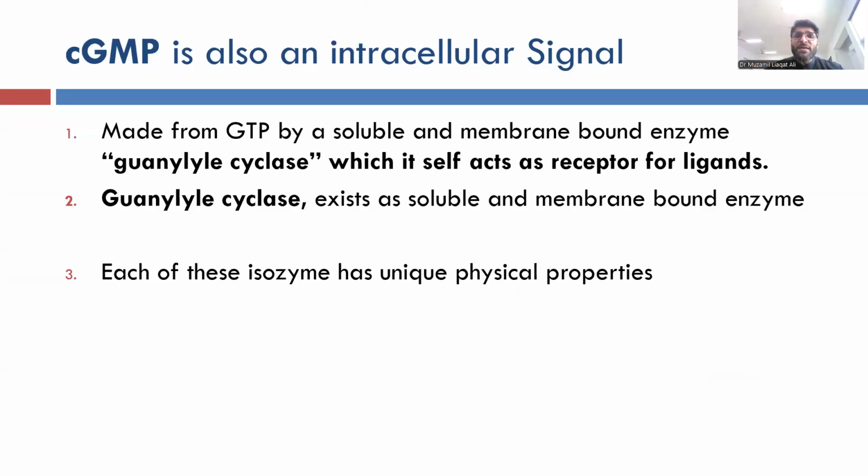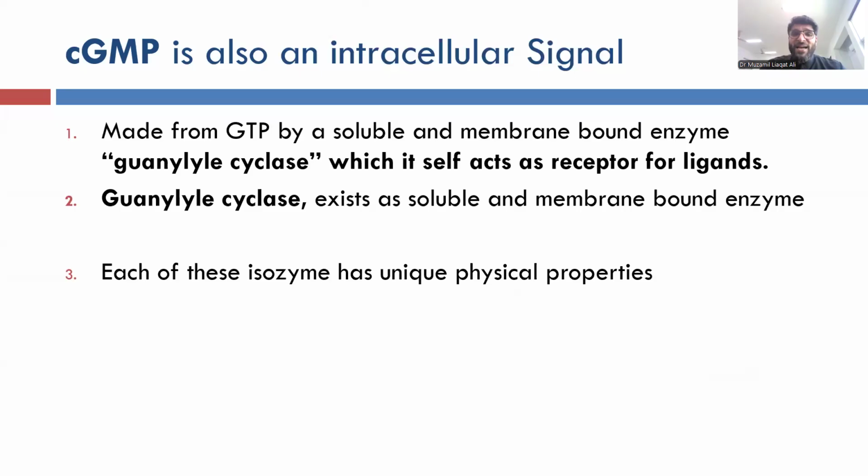So let's discuss the step-by-step mechanism, right? The very first one is the ligand, the primary messenger, ANP or nitric oxide, which binds to the guanylyl cyclase.